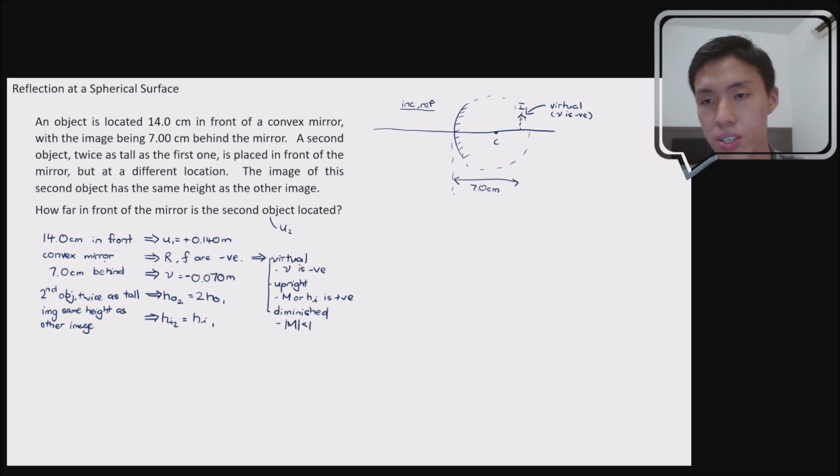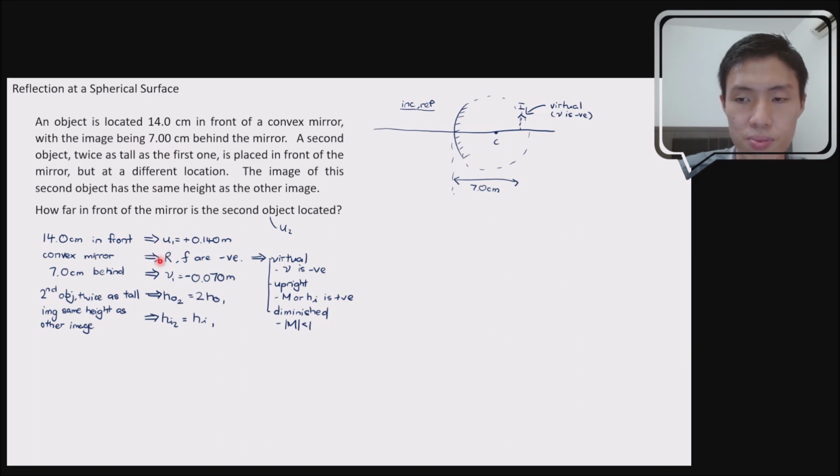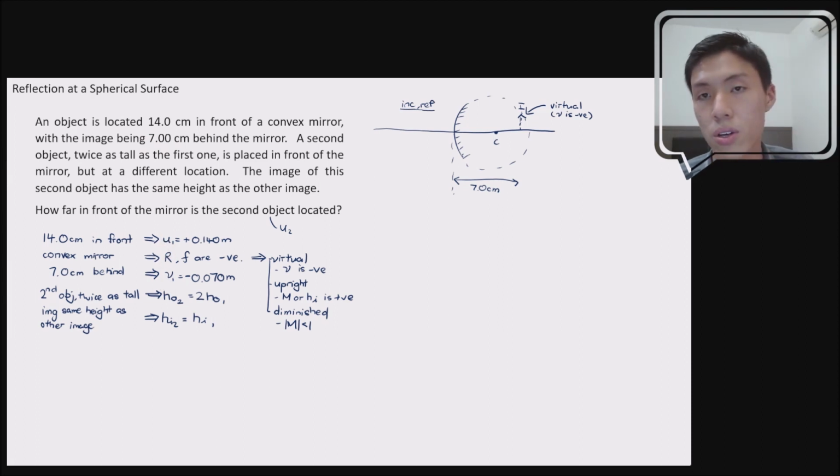What we have for now is U1 and V1, right? For the first scenario, you know the position of the object and the position of the image, so you can easily determine the focal length. We can use the object distance U1 and the image distance V1 to determine the focal length of the mirror first.